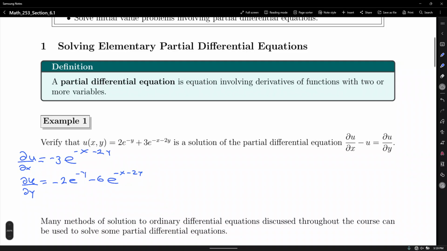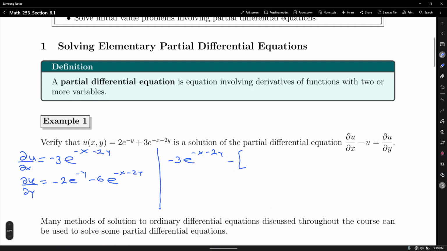Now that we have the derivatives, let's substitute everything into the PDE. That is, substitute the derivative with respect to x, which is -3e to the negative x minus 2y, minus the given function u.